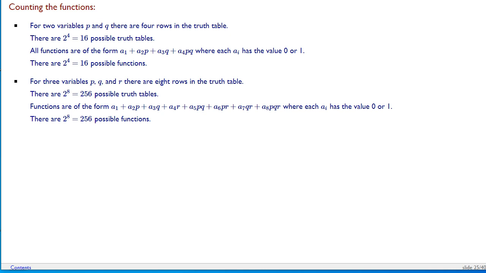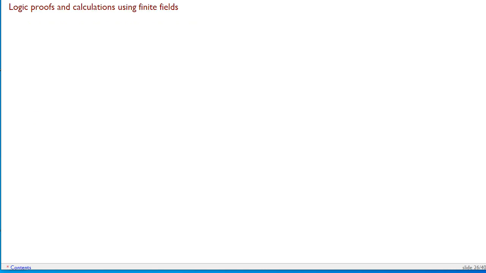If you express this operation in terms of algebraic operations on P, Q, and R, since there are no exponents greater than 1, there are 8 possible terms, and 8 possible coefficients, each of which can be either 0 or 1. In other words, there are 256 possible functions. And this generalizes in an obvious way to any number of variables.